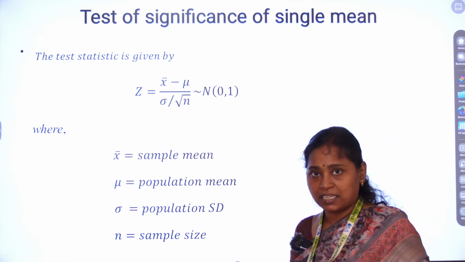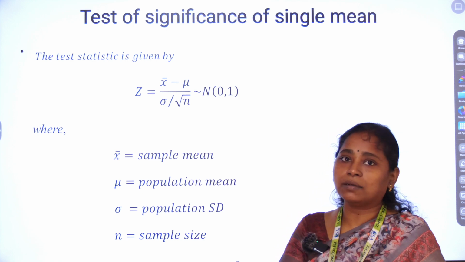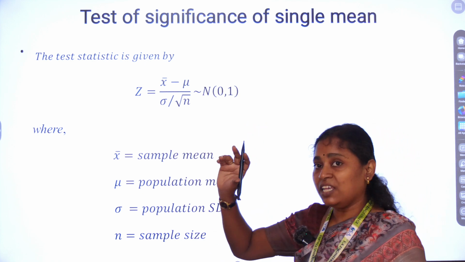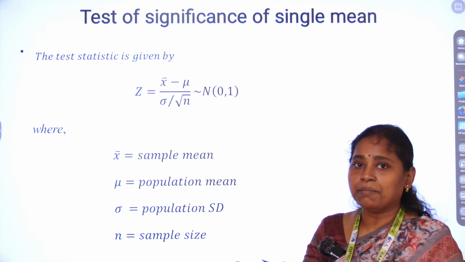The test statistic is very, very important to solve a problem. You have to memorize it, no other go, right? For each application you have a test statistic, which has to be memorized.